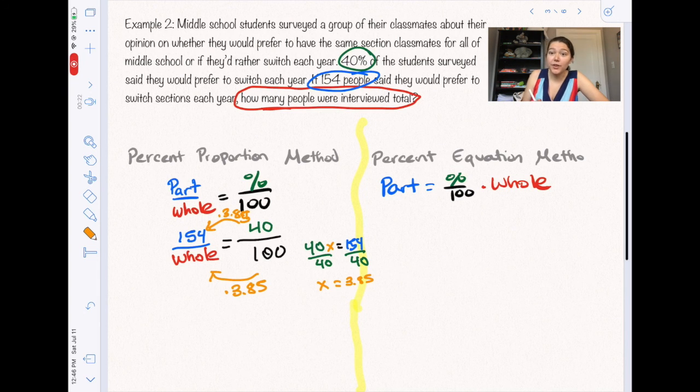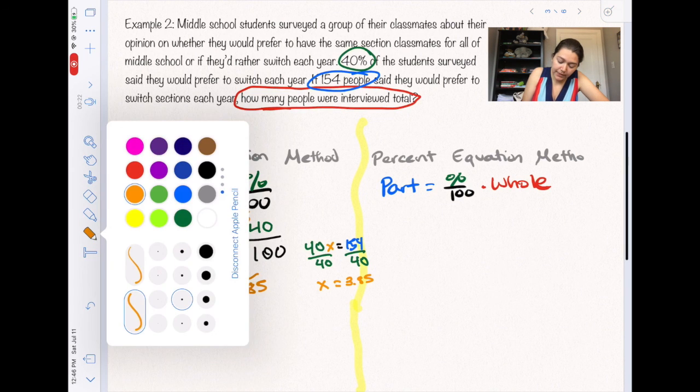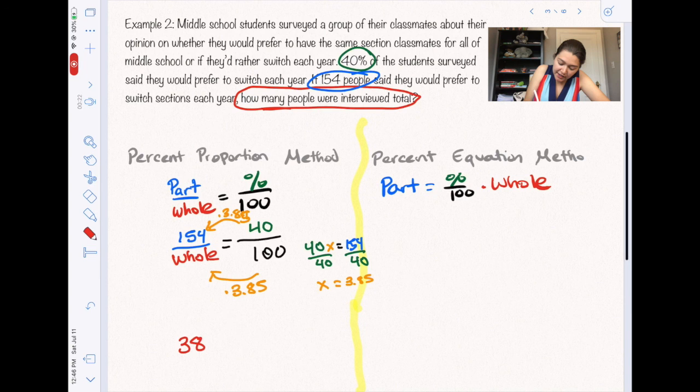Thus, to find the whole, I'm going to do the same thing to the denominator, 100 times 3.85. And I can do that in my head. 100 times 3.85, multiplying a number by 100 just moves the decimal place over 2. So that's going to give me a whole of 385.